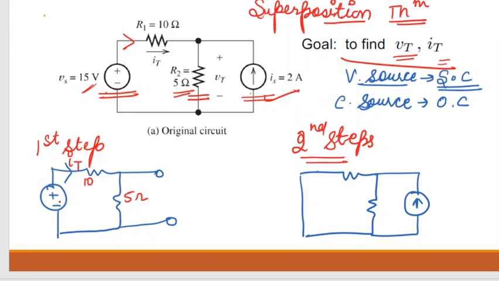Or we can use I1. You can change the name also. Let us consider this one as I1 for the first step and this one would be V1, right? Now you tell me how can we get I1 and V1.